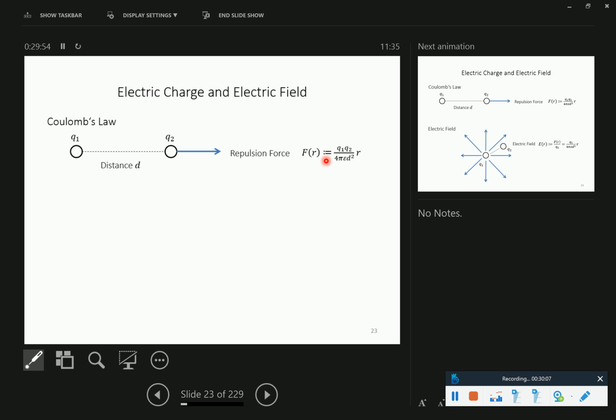If the test charge is closer to the original charge, the force will be stronger, and it will be less if the thing is further away.